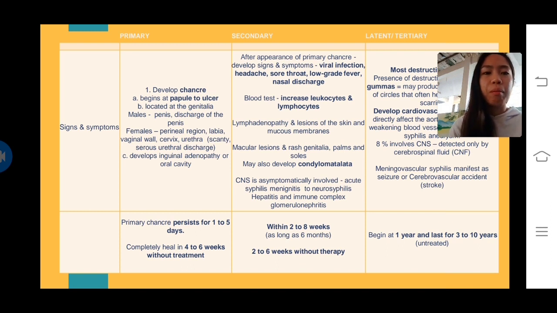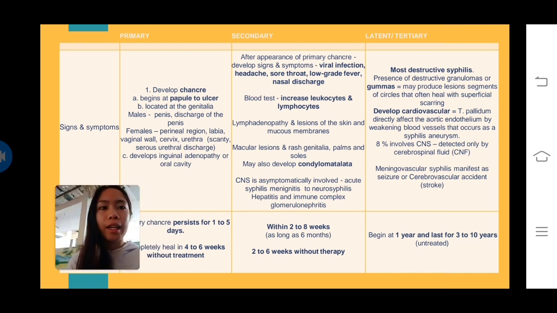Also, macular lesions and rashes in the genitalia, palms, and soles are present. So, the CNS is involved in the secondary stage. However, it can be asymptomatic. Within 2 to 8 weeks you can develop secondary syphilis, and on the other hand, it will resolve. The secondary stage will resolve within 2 to 6 weeks without therapy.